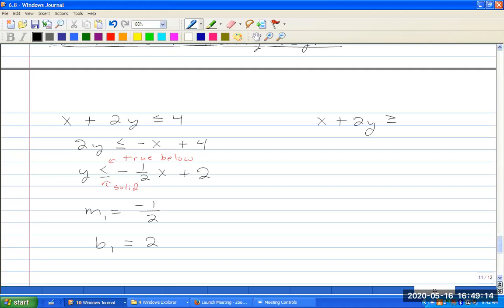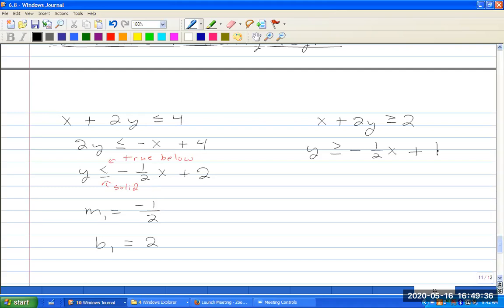So doing the same thing, I see that y is greater than or equal to negative 1/2 x, because the coefficient in front of x is the same. Here, instead of dividing 4 divided by 2 to get 2, I'll divide 2 divided by 2 to get 1.